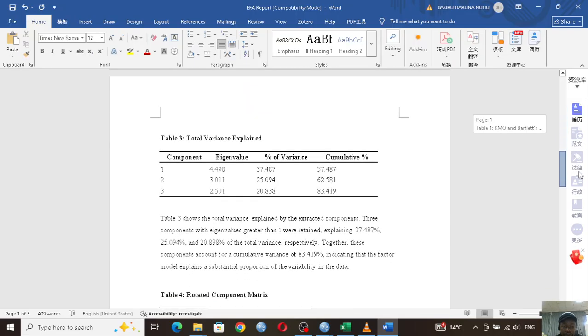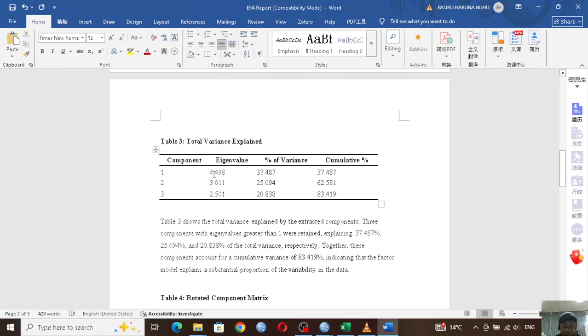And then we come to total variance explained. So we have our components, our eigenvalues. We have variance for each and every one of these components, and then the cumulative, that's in all. Table 3 shows the total variance explained by the extracted components. 3 components with eigenvalues greater than 1 were retained.